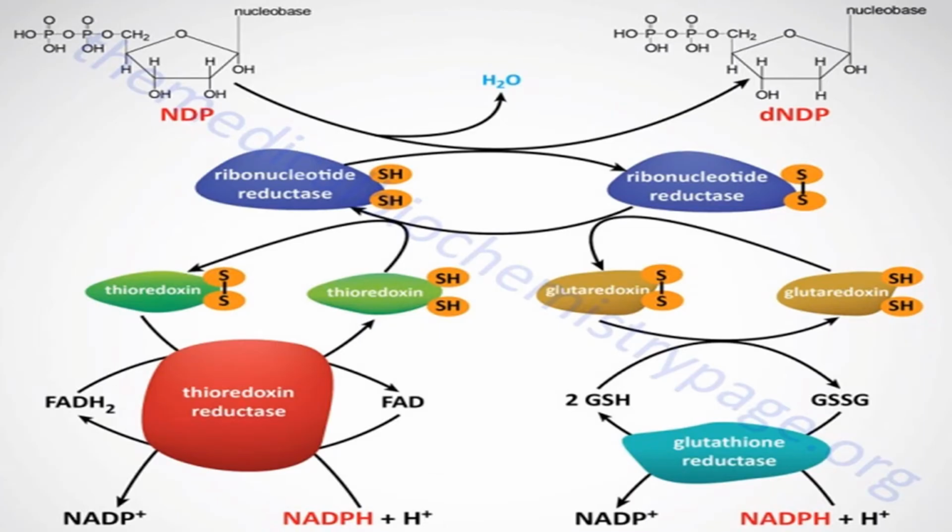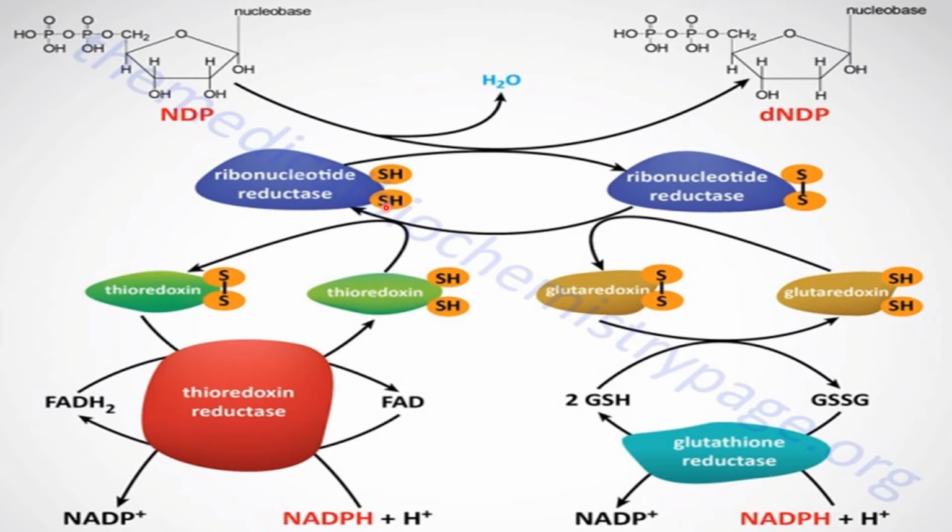Actually, the nucleotide diphosphate is acted on by the ribonucleotide reductase having two SH groups, and these SH groups donate two hydrogen atoms, which combine with the oxygen at carbon number 2 of the ribose and are released as water.